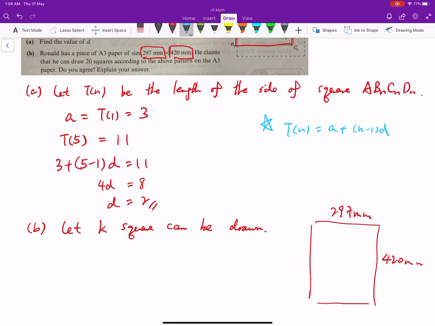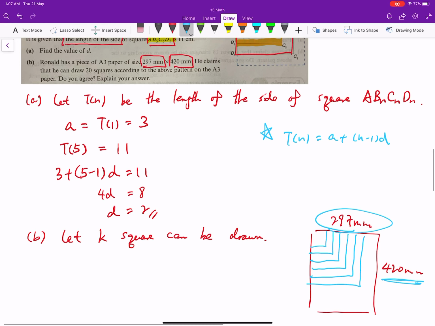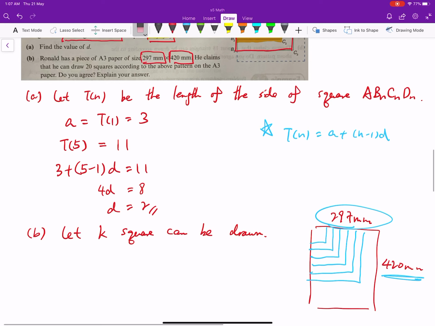Then when you draw the square, this is shorter, so actually we need to consider this length rather than this. So if k squares can be drawn, then the length of the side of the square A, Bk, Ck, Dk must be smaller than this one.